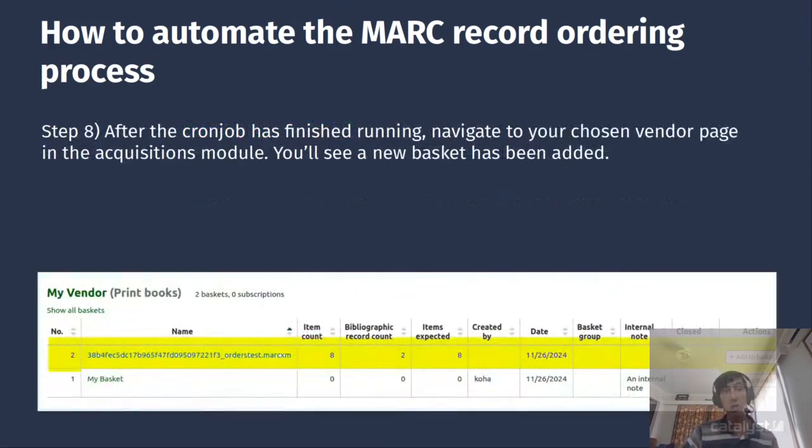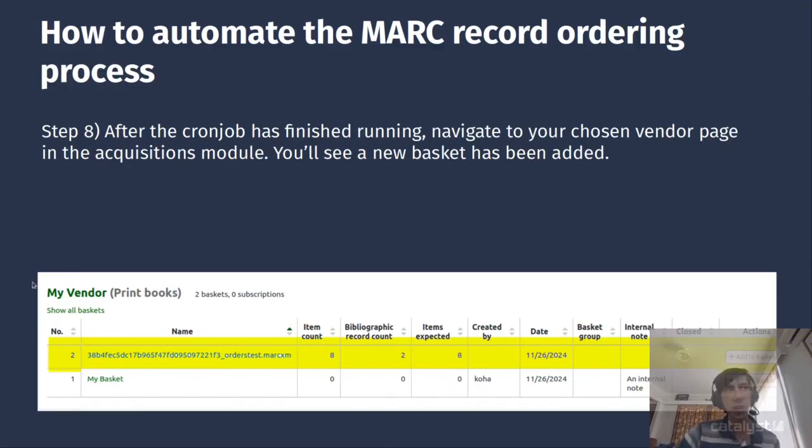Once you've uploaded those files to Koha, and once the Koha support vendor has set up the cron job, the automated script, to run, and you've heard, okay, it has run, then what you can do is navigate to your vendor account page within Koha.